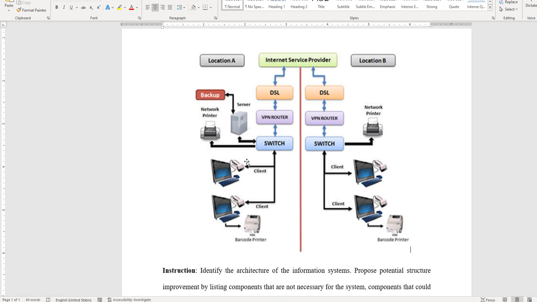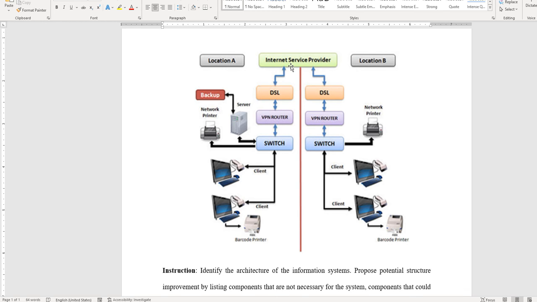This is the main store where the server is present, and this may be a branch where the server is not there. So if this location wants to make a transaction and maintain details, it will get connected to the server by means of the internet service provider.